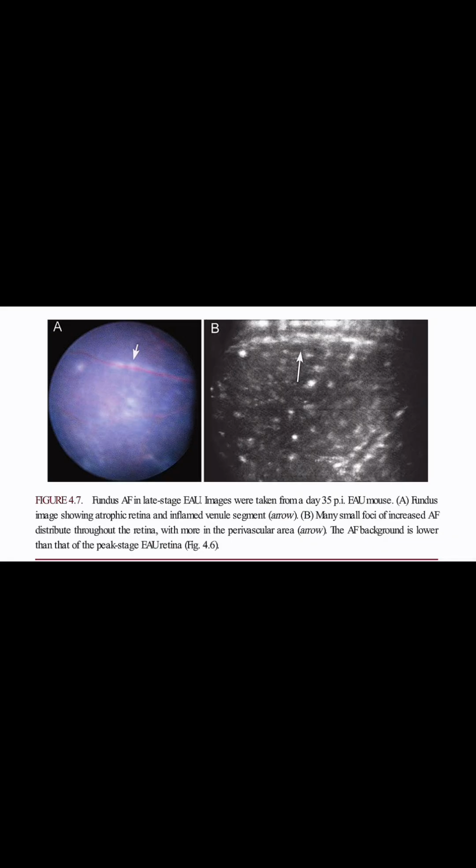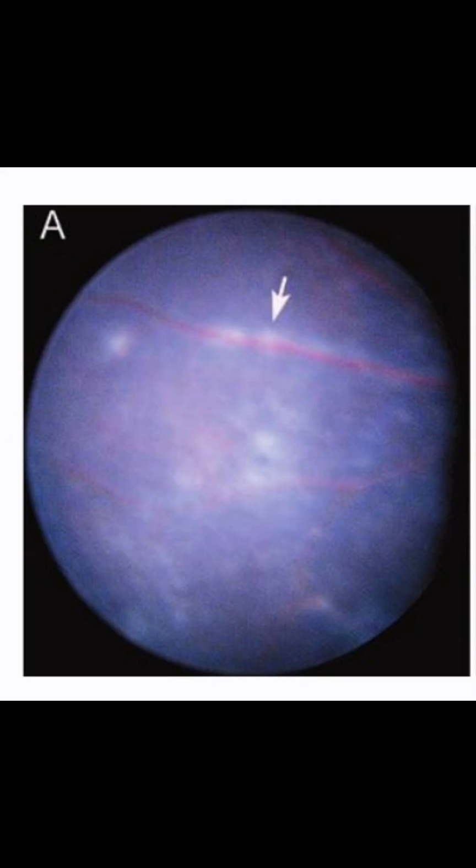Figure 4.7, fundus autofluorescence in late stage of experimental autoimmune uveitis. Images were taken from a day 35 post-immunization EAU mouse. A, fundus image showing atrophic retina and inflamed venule segment. Arrow.